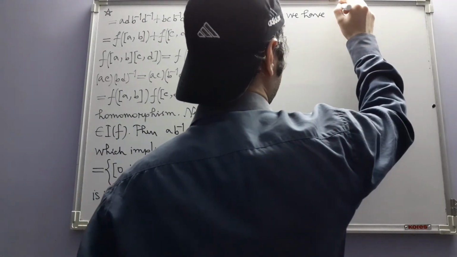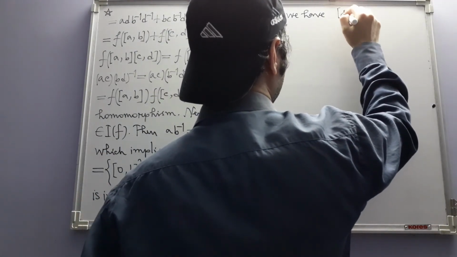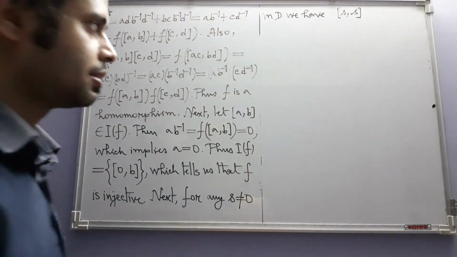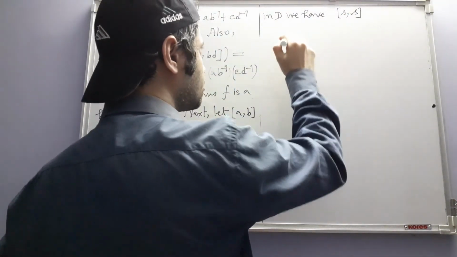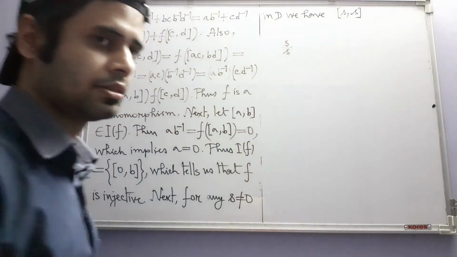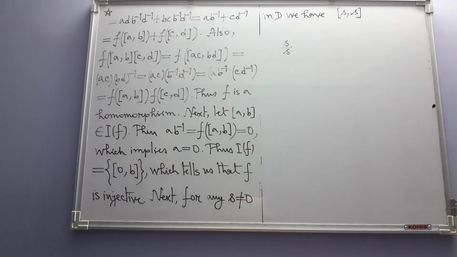This was the unit element in capital F, which when you are thinking of this whole thing in terms of rational numbers, is nothing but S by S, which we know is nothing but 1 or is equivalent to 1.